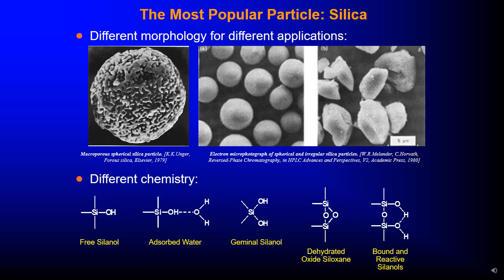Then the most popular particle is silica, with different morphology for different applications. So you can see here: free silanol, adsorbed water, geminal silanol, dehydrated oxide siloxane, bound and reactive silanols.